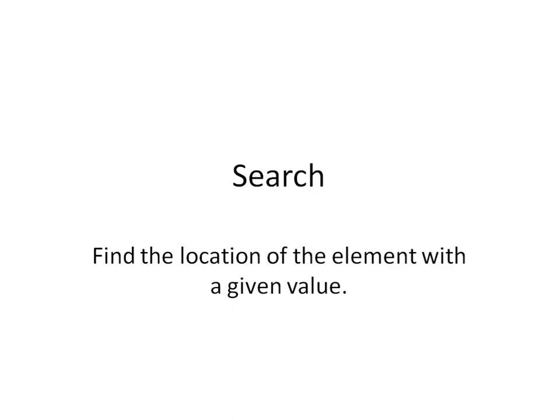Next operation to be discussed is search. We are provided with a value and in the output the corresponding index is returned if the element is found in the array. Else the search is unsuccessful and it has to be reported.